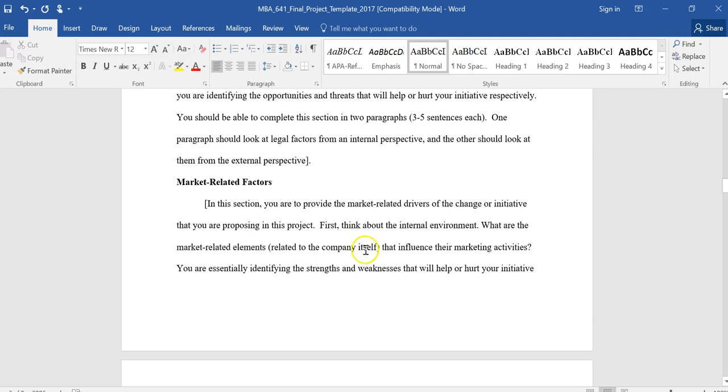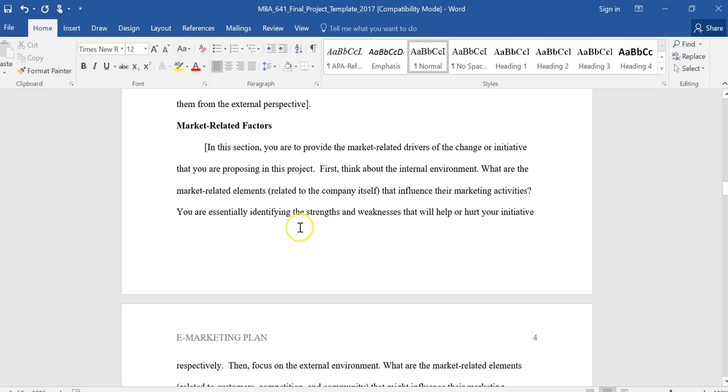And then with market-related factors, what we're trying to do is determine what things are driving this change or initiative that we're talking about. This could be consumer demand. It could be trends. It could be supply and demand type issues. And again, look at the internal culture and see if there's anything that inherently influences what you're trying to do.